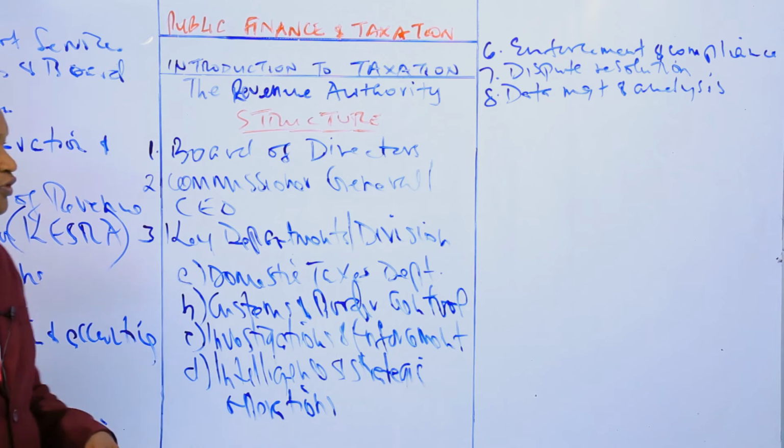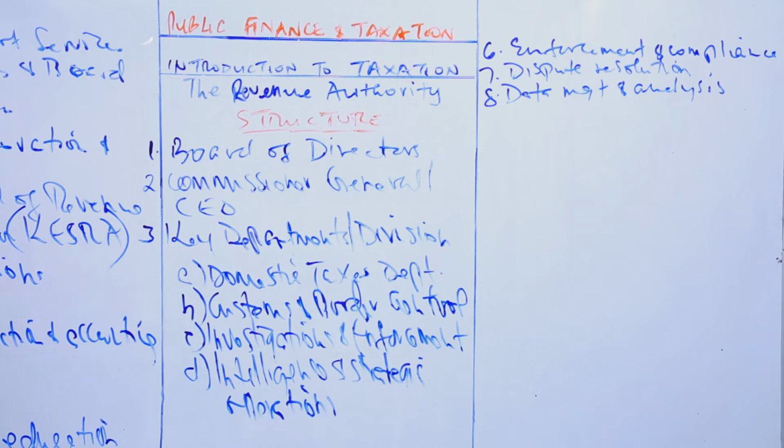So let's move on, candidates, to the next part of this lesson, which is the large and medium taxpayers office mandate within KRA. KRA, like many modern revenue authorities, segments its taxpayer base to optimize what we call administrative efficiency and effectiveness.